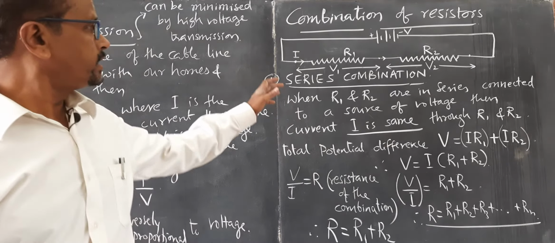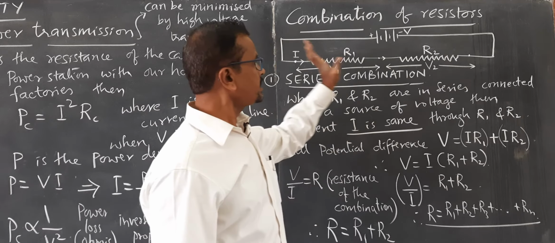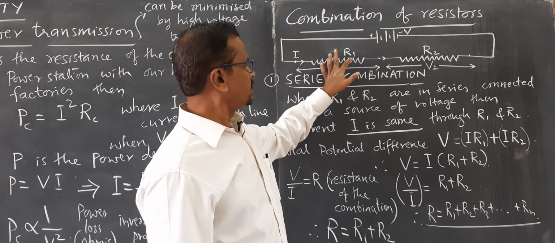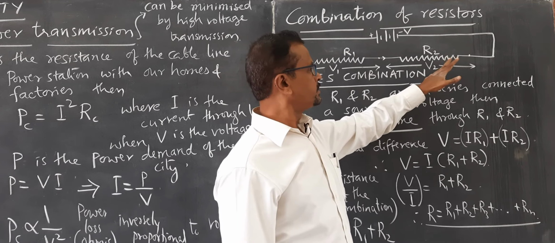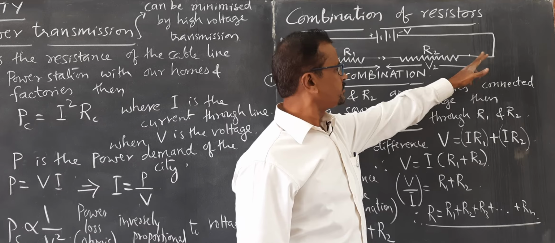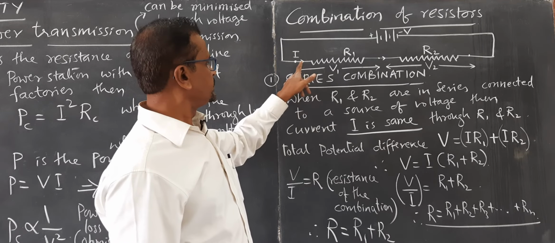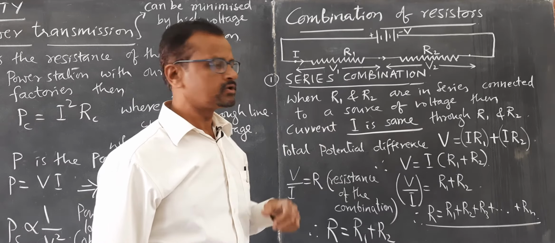So, when two resistors, let us say R1 and R2, are connected in series, so end to end connection, for example, the left terminal of R1 is connected to the right terminal of R2, and the left terminal of R2 is left free and the right terminal of R1 is left free. When these free ends are connected to the battery, such a combination is called series combination.